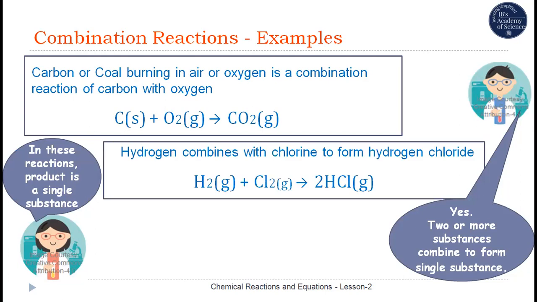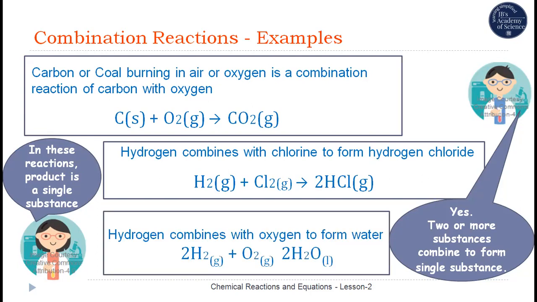Hydrogen combines with chlorine to form hydrogen chloride. H2 plus Cl2 gives 2HCl. Hydrogen combines with oxygen to form water. 2H2 plus O2 gives 2H2O.